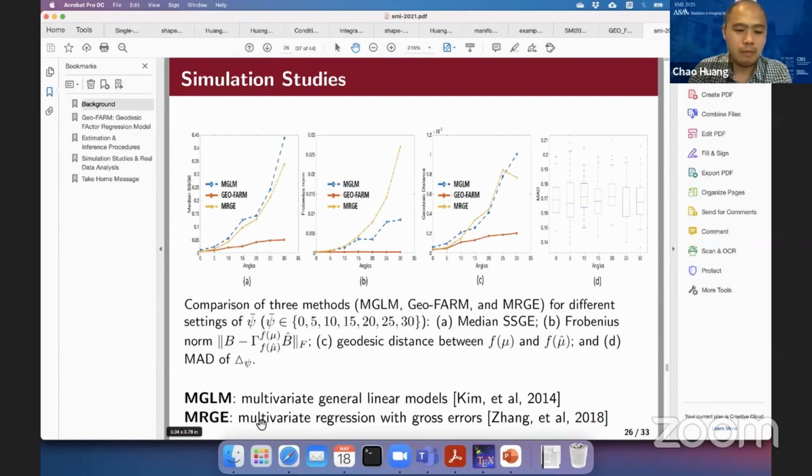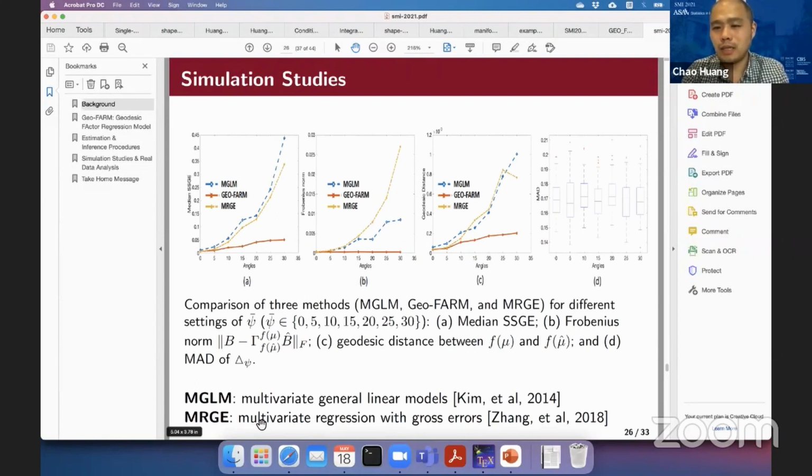Another one is MRGE, the multivariate regression model with Riemannian errors in the Riemannian space, which is a method proposed in the 2018 IEEE PAMI paper. You can see that based on the median sum of squares, the geodesic error, and the other Frobenius norms or geodesic distances, our method outperforms the other two methods in all three indices.